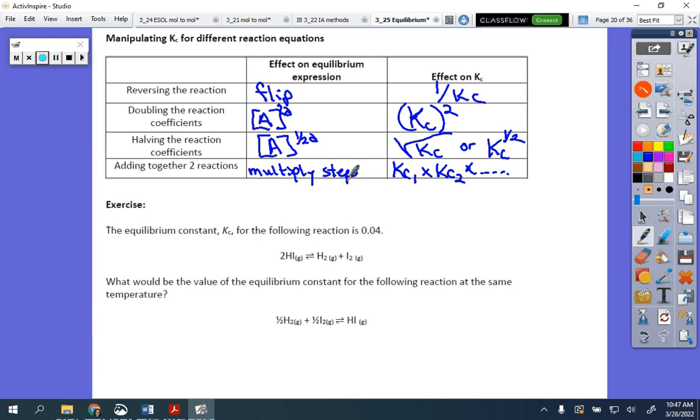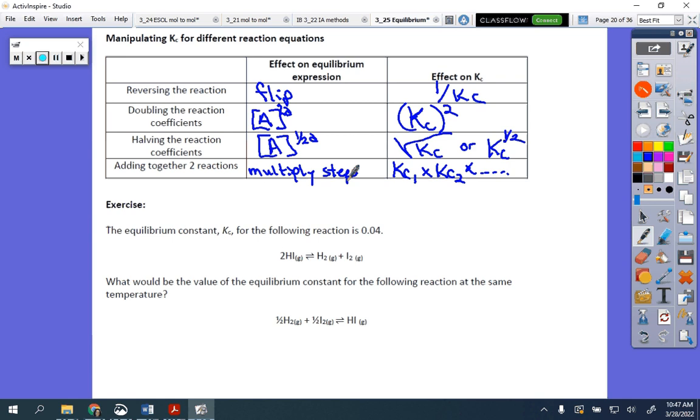No, it should not matter. Well, okay, yes. If you're adding reactions, you would change whatever else you needed to change first. So if you did something with the coefficients or flipped it, you would do that first before you multiplied the reactions together. But as far as flipping it or squaring it or square rooting it, that shouldn't matter.